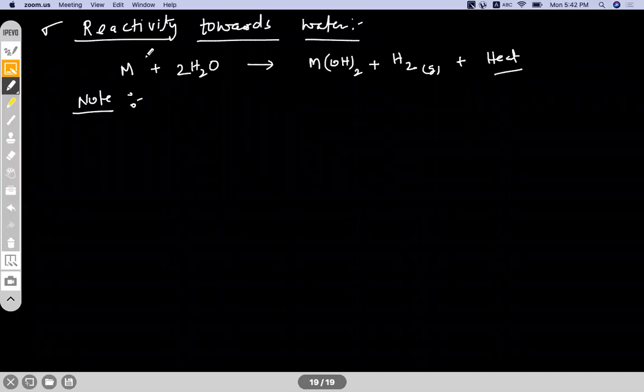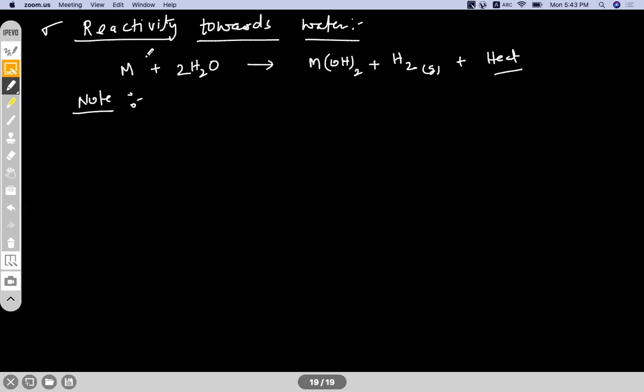It does not react with cold water. But it can react with water at high temperature. So basically at high temperature or boiled water, the oxide layer breaks down, and the reaction is possible. So beryllium does not react at all. Magnesium does not react with cold water, but reacts with hot water or boiled water.